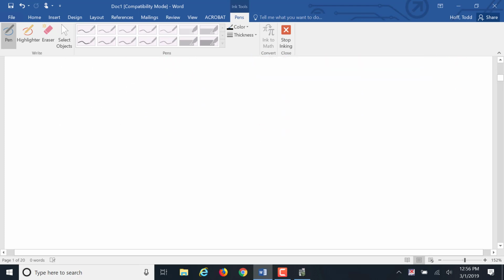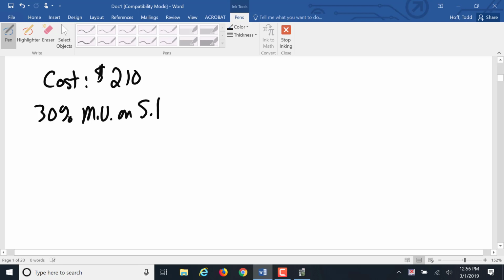One last example that illustrates again the importance of being able to add and subtract the percents as well as being able to add and subtract the dollar amounts. If we're given that we have a cost of $210 and that we have a 30% markup on selling price, and I ask you to find the selling price.